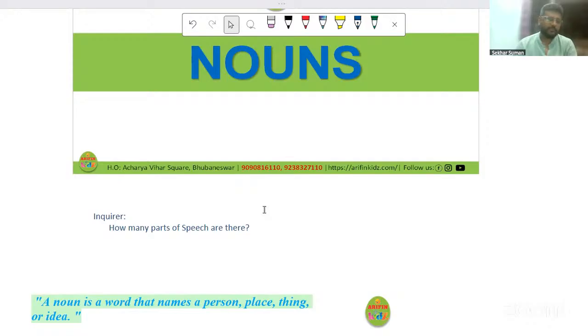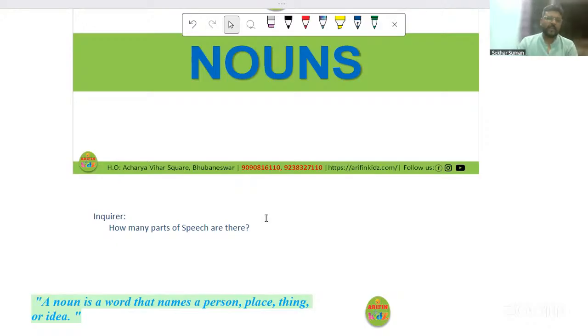So how many parts of speech are there? Can anybody answer? There are 8 parts of speech, right? Devanshi says 12. Gitanjali says 5. Oh, 8. Well, good. 8 parts of speech.